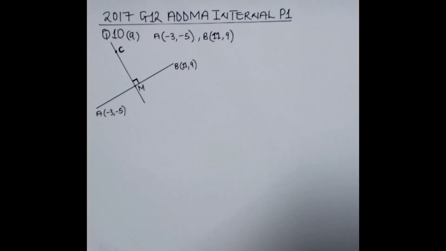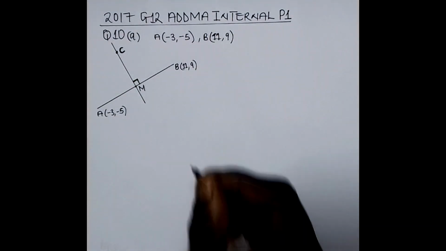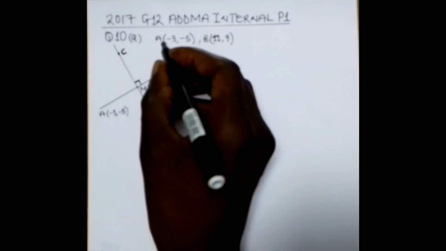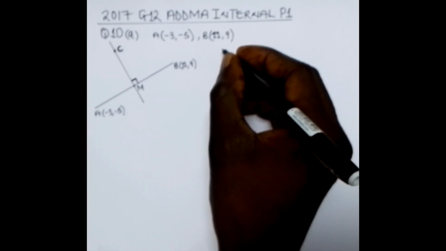Let's get the direction vector of the line AB. The direction vector will just involve the points A and B, and we can change the points A and B into column vectors.